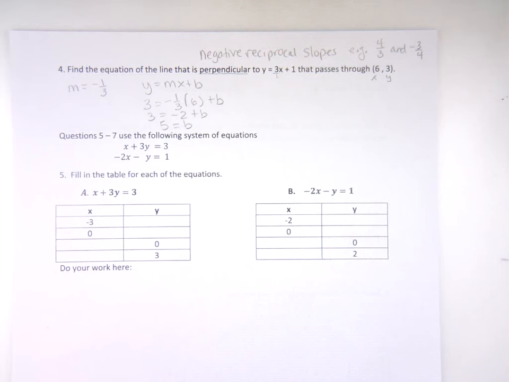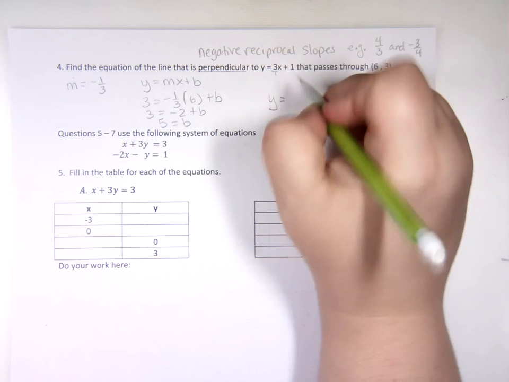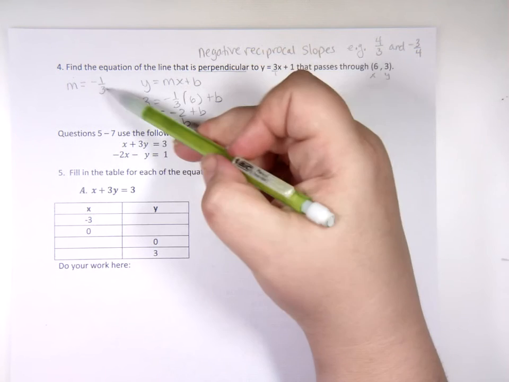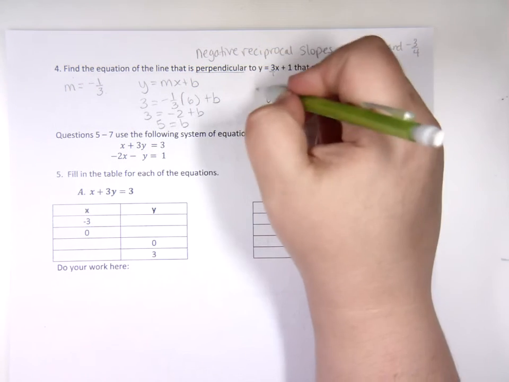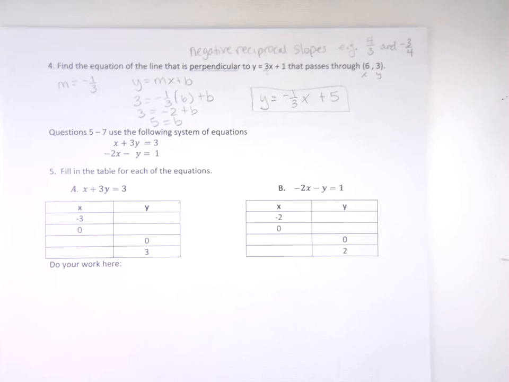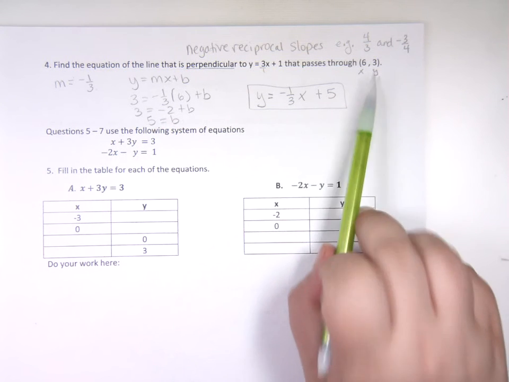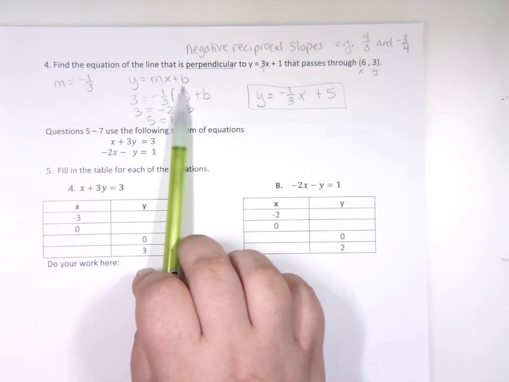So the equation of our line is y equals -1/3 x, because -1/3 was the m that we found, plus 5, because 5 is our b. So that's what you really just need to remember. Perpendicular means negative reciprocal slopes. Once you have the slope and you have an x and a y point, you can just plug straight into y equals mx plus b, solve for b, and you've got the equation of your line.